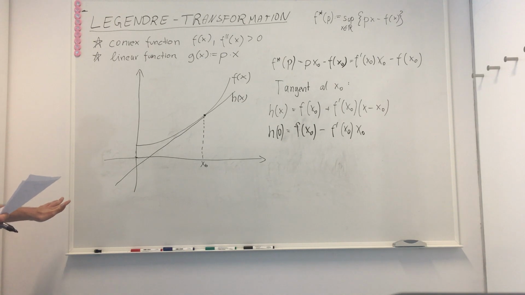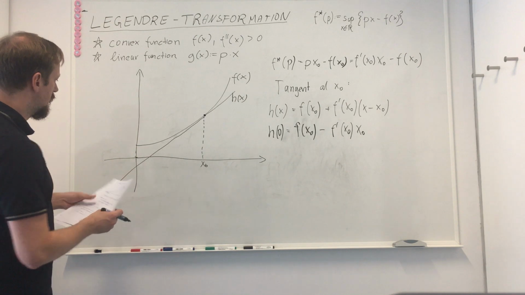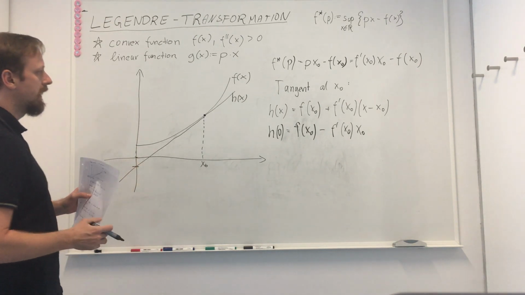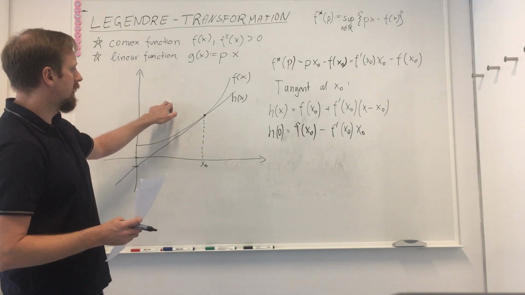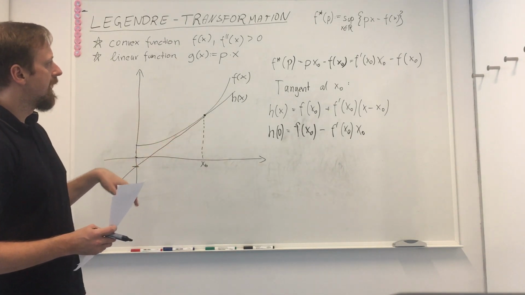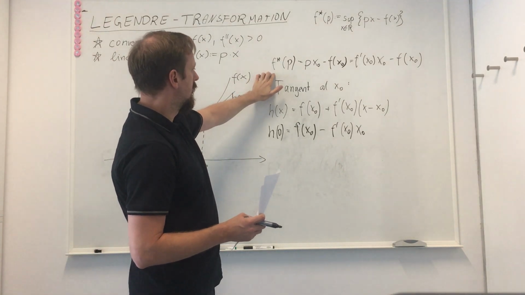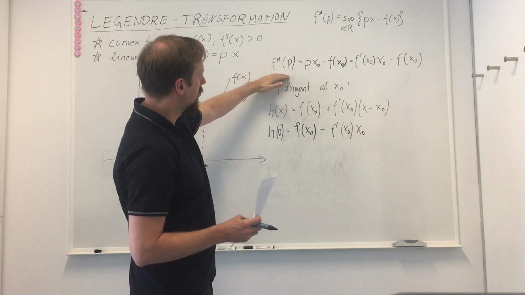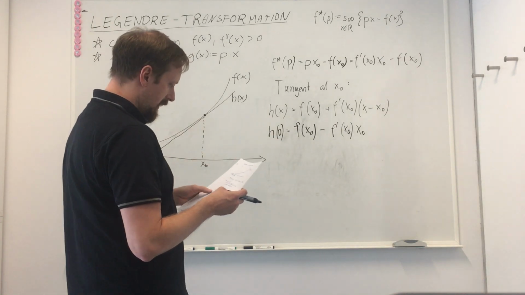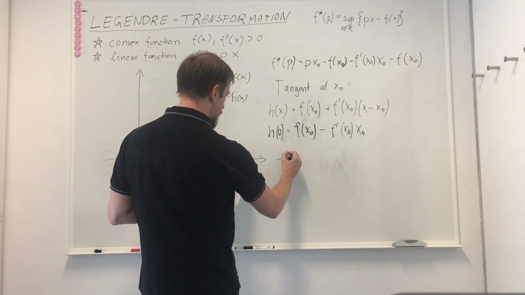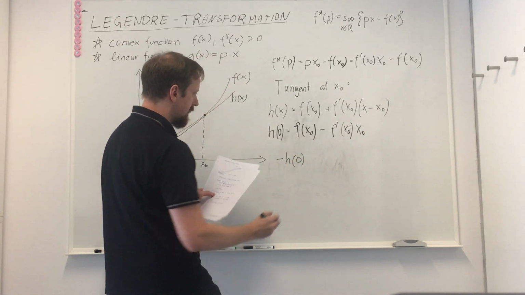And this value here, h of 0, is the y-intercept of the tangent to f at x naught. And by comparing the expression for f star and h evaluated at 0, we find that it is the negative value of h evaluated at 0.